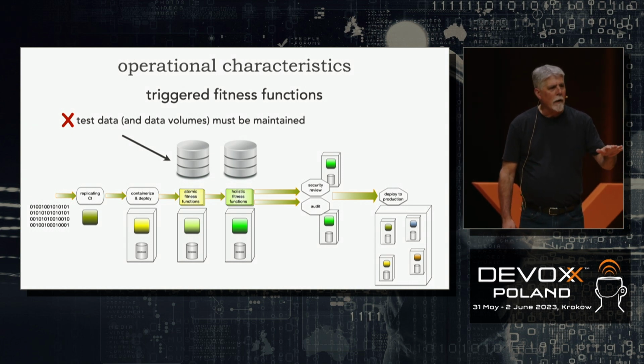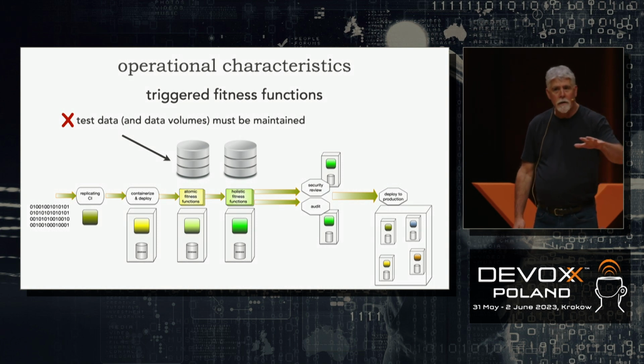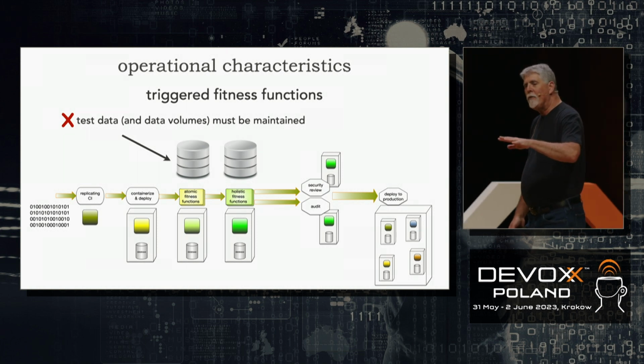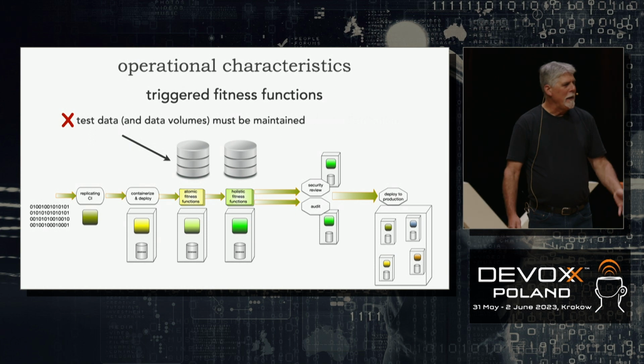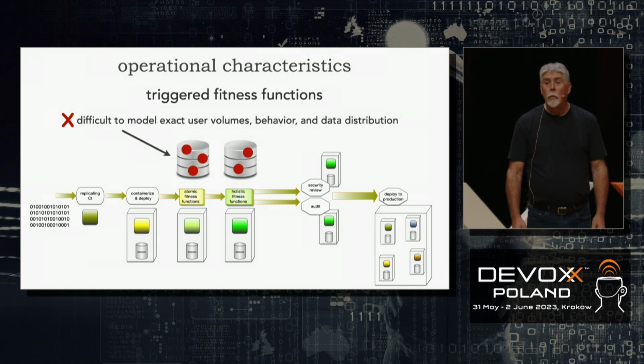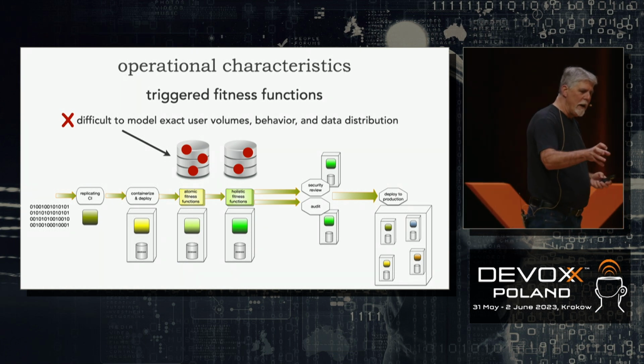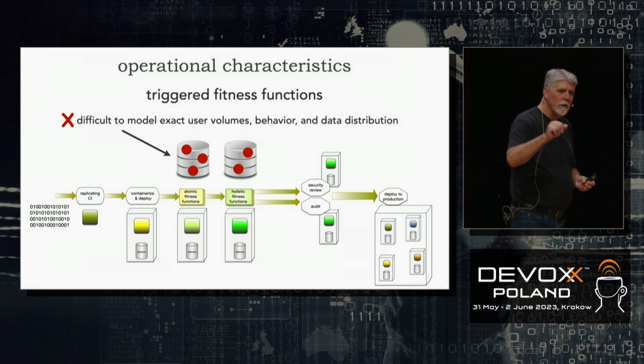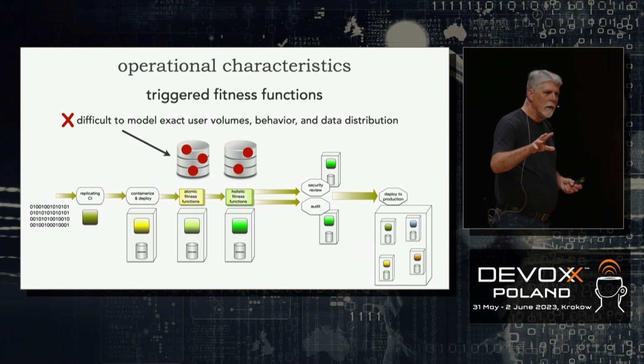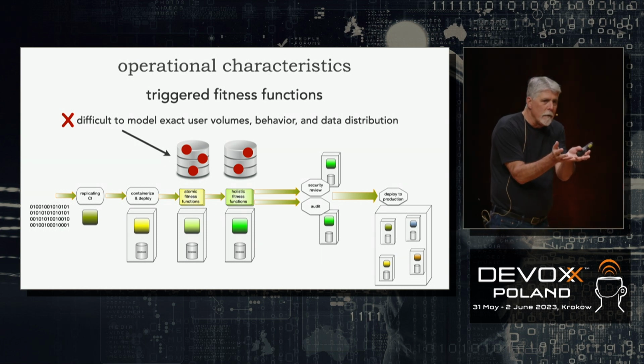Because what we're really trying to do with a triggered fitness function is simulate user behavior. And that's really hard to do. So what happens is we end up generating some hotspots in the database because we're clustering information together.